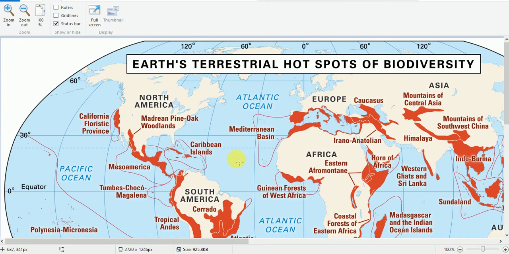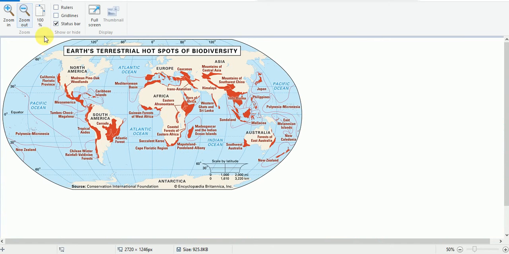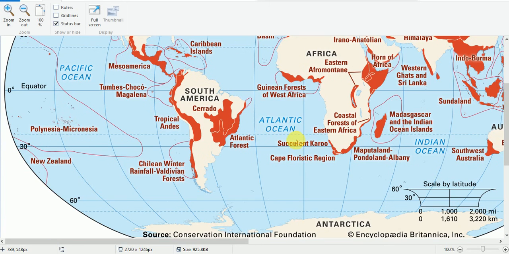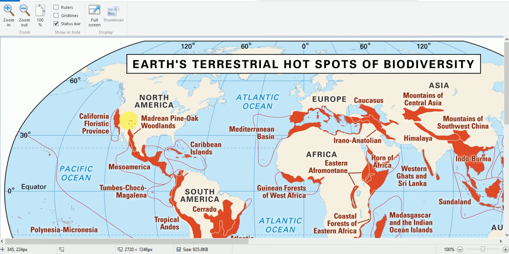map, and this map also shows hotspots of biodiversity, and this is a more detailed one, taken out from Encyclopedia Britannica. And here also we have this California floristic province.